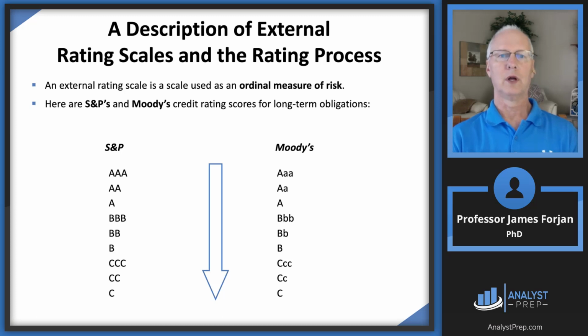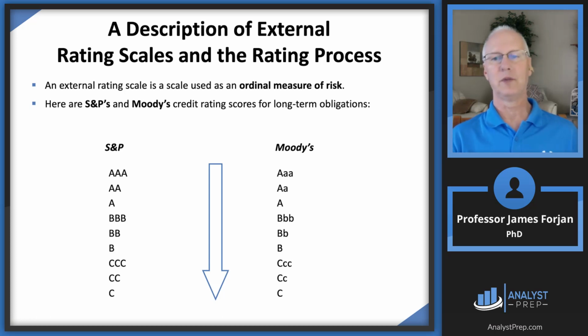Now, of course, what these ratings agencies do, like S&P, like Moody's, like Fitch, and there's a bunch of other ones out there as well, is they try to present a relatively easy scale for regular old investors and individuals to read and understand.